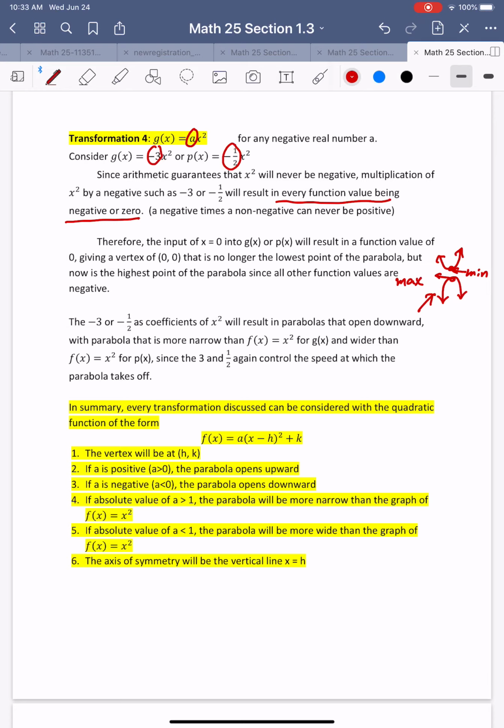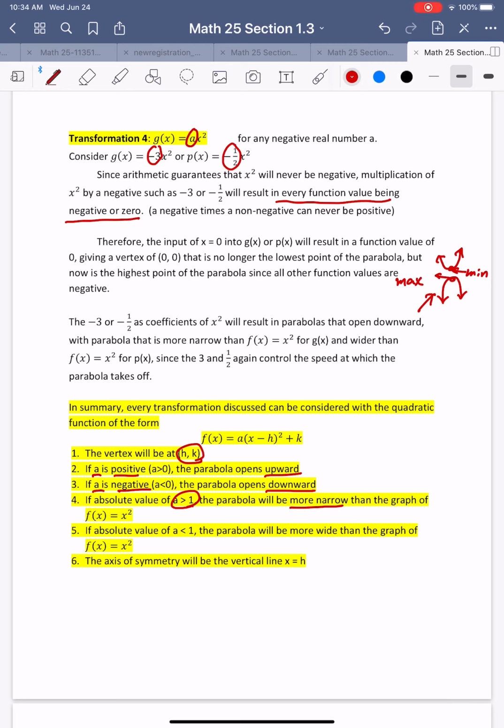In summary, every transformation can be considered with the quadratic function of the form f of x equal to a times (x minus h) squared plus k. With that form, the vertex is always h, k. And a positive means upward, and a negative means downward. Absolute value of a greater than 1 means narrower.